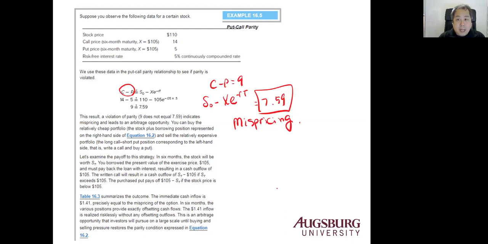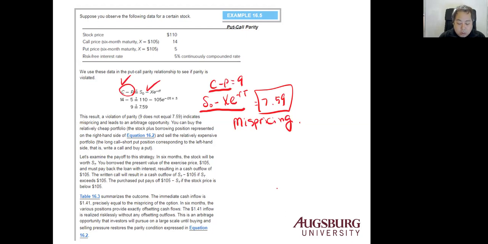So how to get it? To take the arbitrage opportunity, this is the higher value and this is the lower value. So C minus P is the higher value, which may be overvalued, and S0 minus X times the exponential function of negative rT is underpriced.